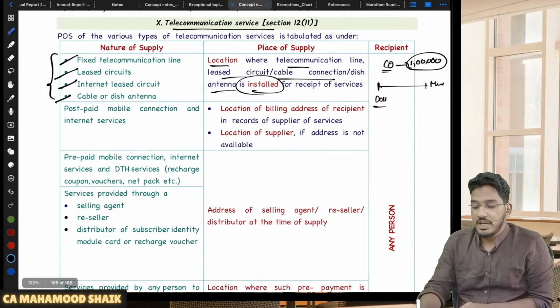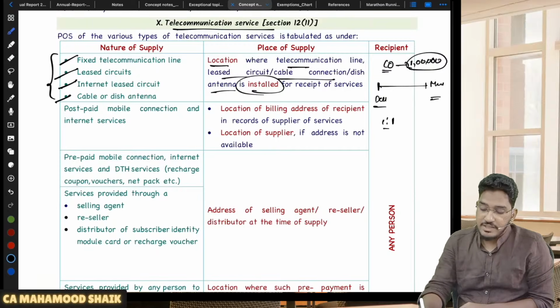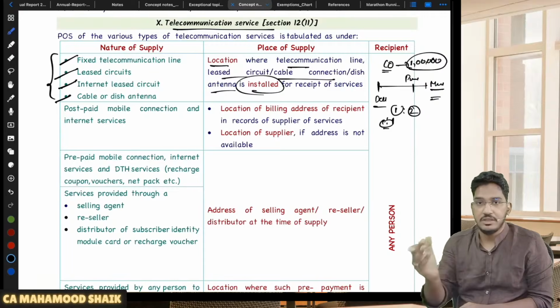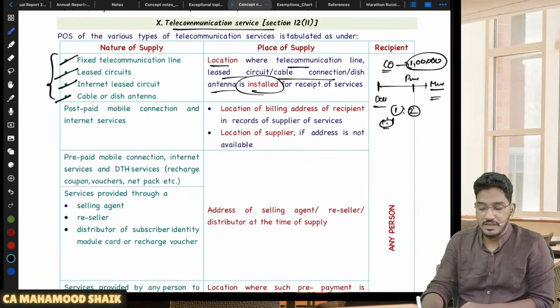We have 1 point in Delhi and 1 point in Mumbai, so in a 1:1 ratio we have to divide. Let us say, for example, the leased circuit starts in Delhi, and in Pune there is 1 point, and Mumbai also has 1 point. In that case, how to divide it? Now in Delhi you have 1 point, and Pune and Mumbai both form part of Maharashtra, so you have 2 points. This 1 lakh has to be divided in the ratio of 1:2.